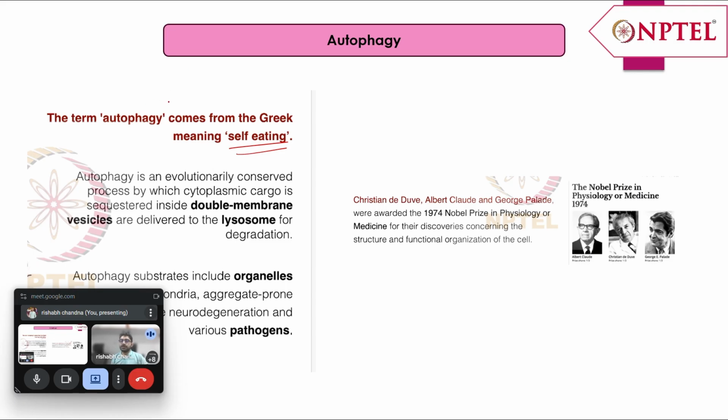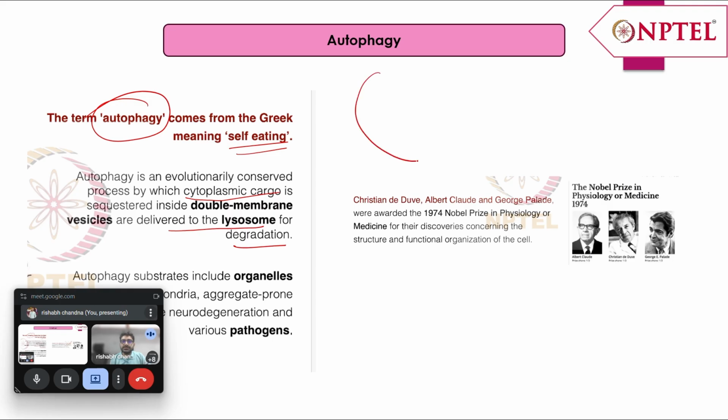When the cell recognizes that its components are non-functional or damaged, an autophagy mechanism starts to clear them. In autophagy, a cytoplasmic cargo is moved into double membrane vesicles and delivered to the lysosome for degradation.